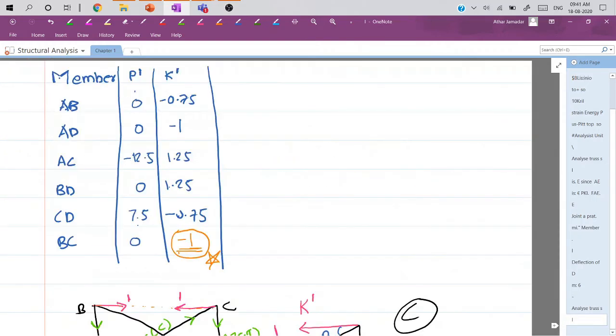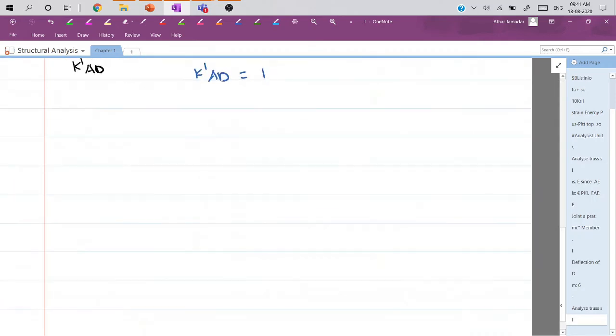So for X, we have one formula. X is going to be summation of P dash K dash into L divided by AE, divided by summation of K dash square L divided by AE.